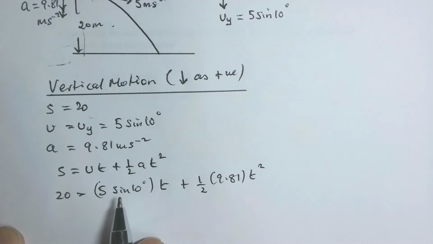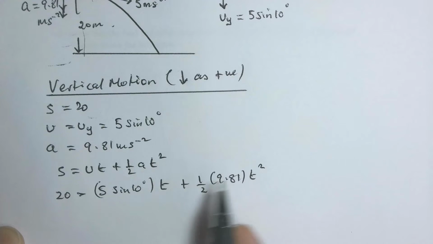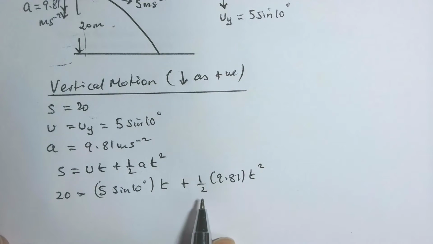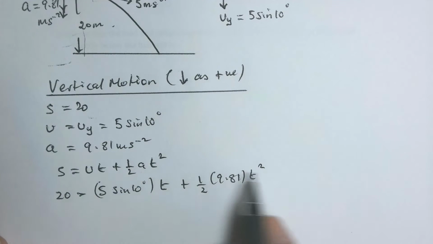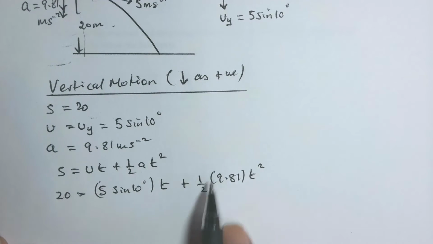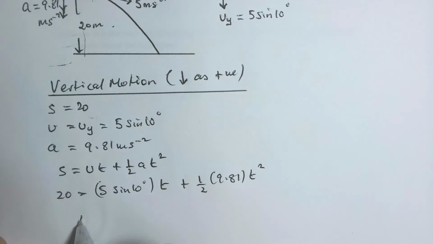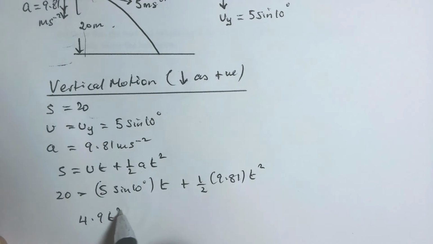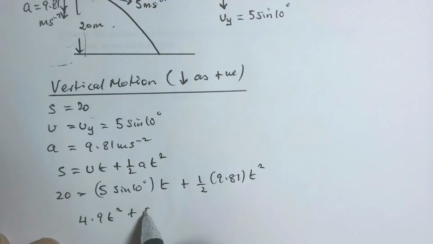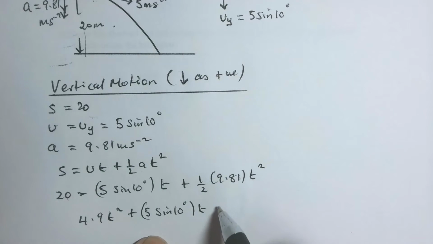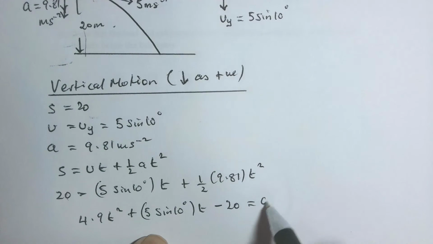Now this is clearly a quadratic equation. These are the coefficients of t: this is the coefficient of t squared, and this is our constant. So let's rearrange it so it looks like a quadratic. I'm going to bring the 20 over the equal sign and evaluate 9.81 over 2, and I end up with 4.9 t squared plus 5 sine 10 degrees t minus 20 equals 0.